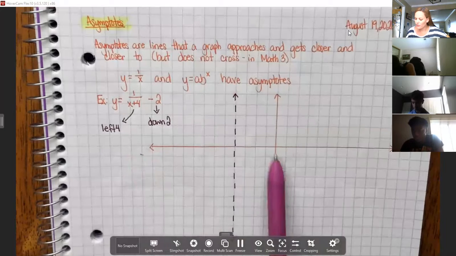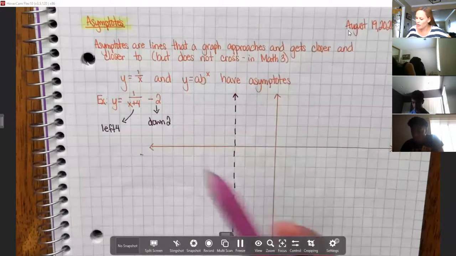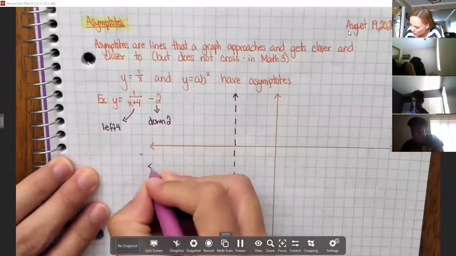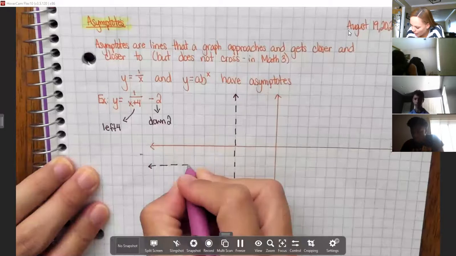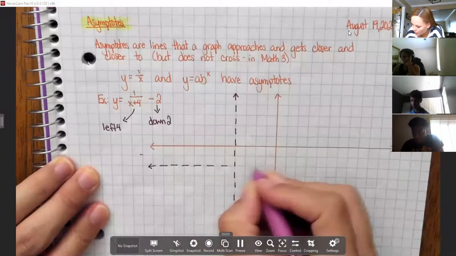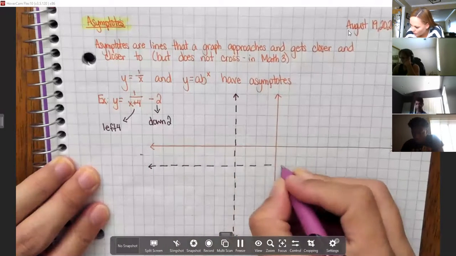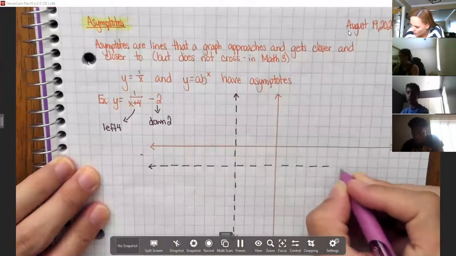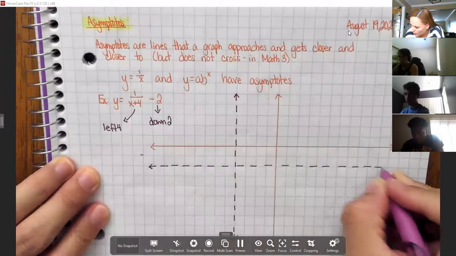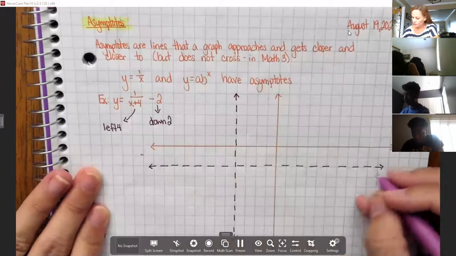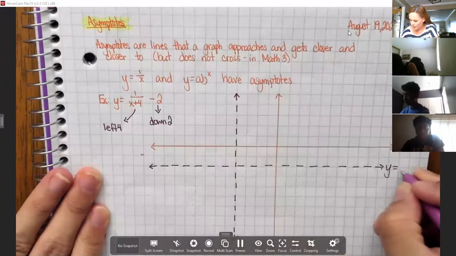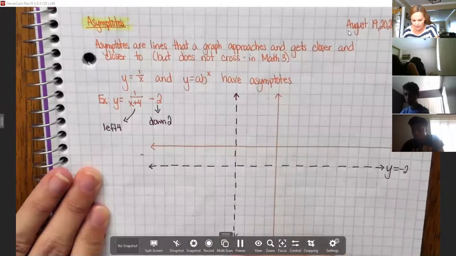So if I move it left 4, this asymptote went left 4, and down 2, this will be my horizontal asymptote at y equals -2. So this line is y equals -2, and this line is x equals -4.